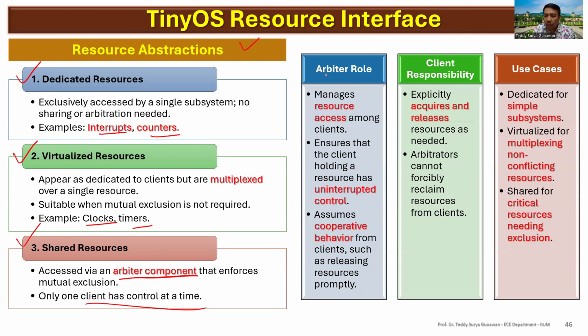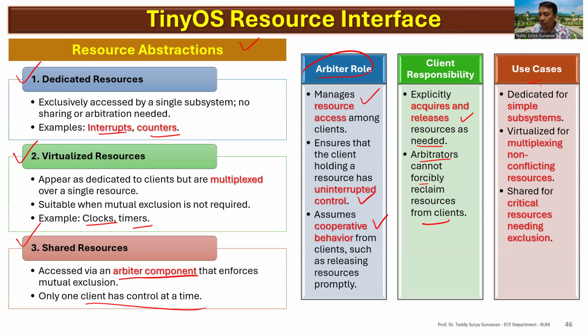The arbiter's role is to manage resource access and ensure that the client holding a resource has uninterrupted control, assuming cooperative behavior. The client's responsibility is to explicitly acquire and release the resource as needed. So arbiters cannot forcibly reclaim a resource from clients; they trust that the client will use it efficiently.